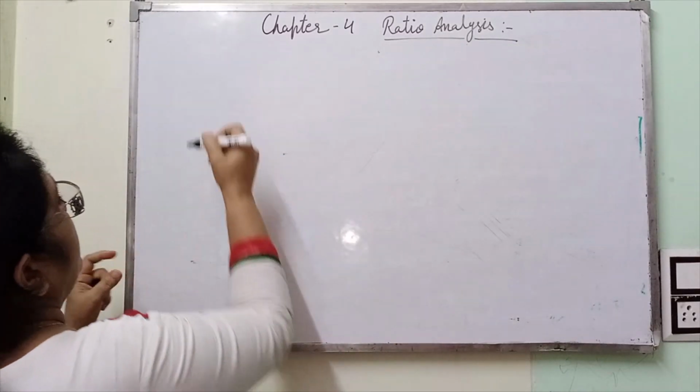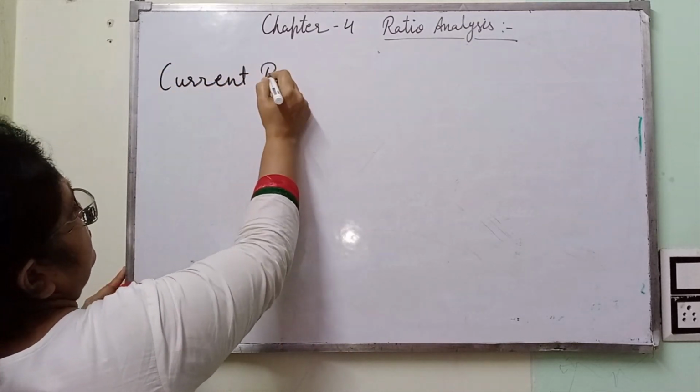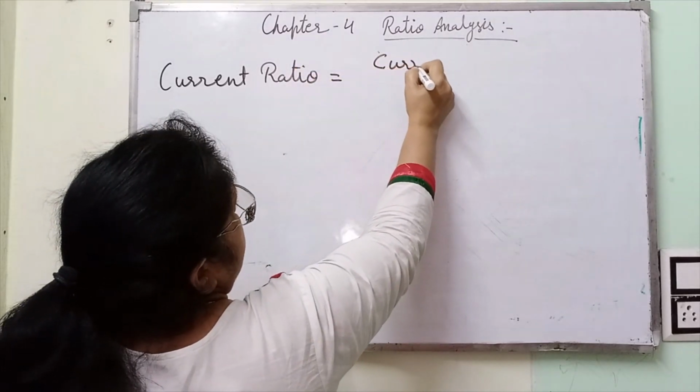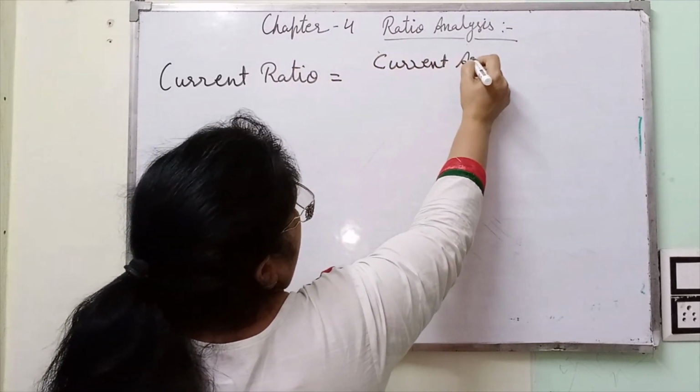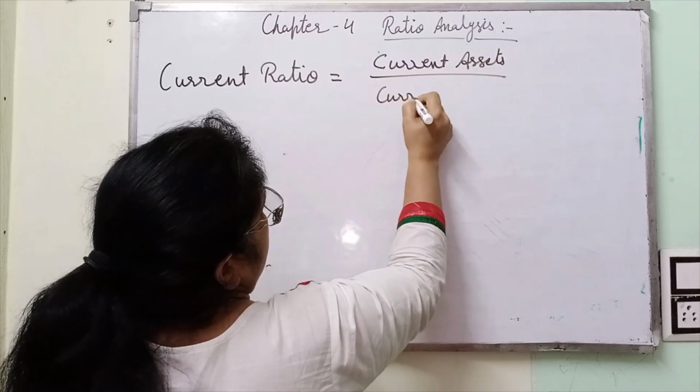The formula for calculating current ratio is equal to current assets upon current liabilities.